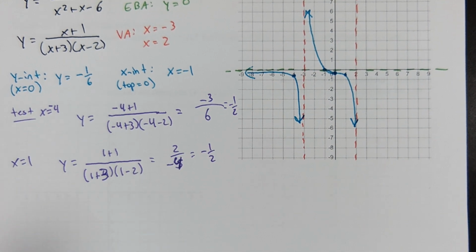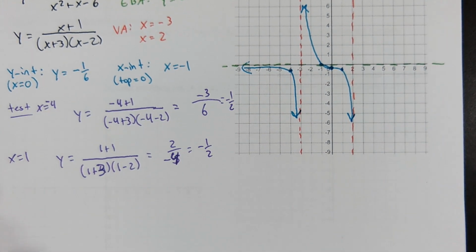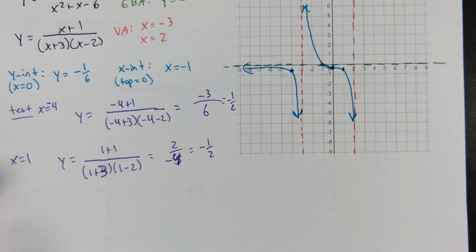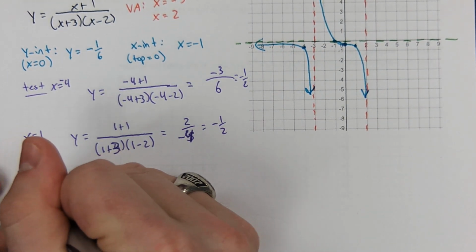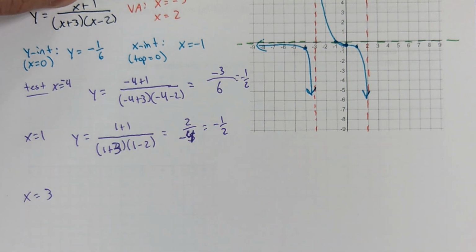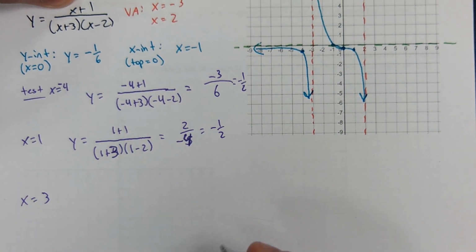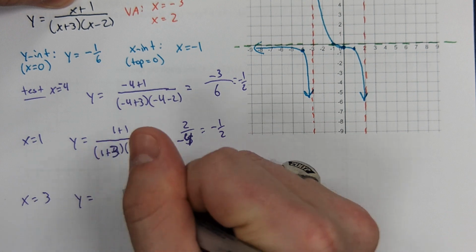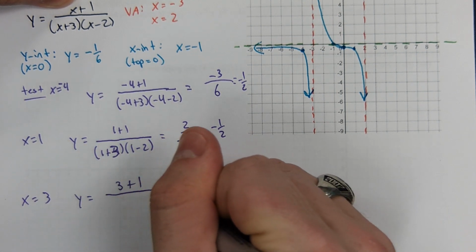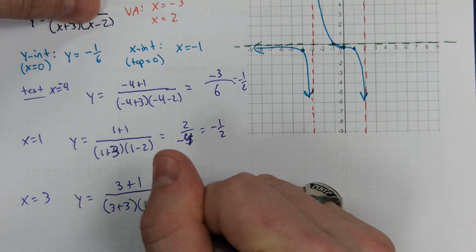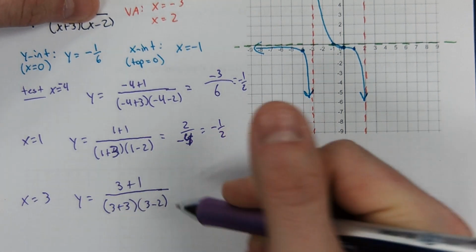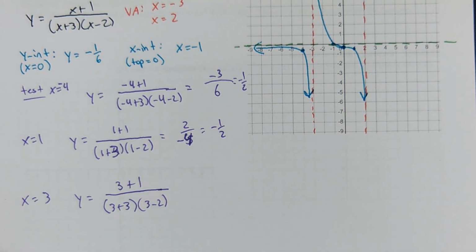And then lastly, we got this zone over here we need to check. I'm going to use x = 3 because I like my numbers to stay small. So I'm testing x = 3 to see what y value I get, and I'm plugging in right here. And hopefully I can do the basic math and not screw it up this time. 3 + 1, 3 + 3, 3 - 2. Well, all those are positive numbers.